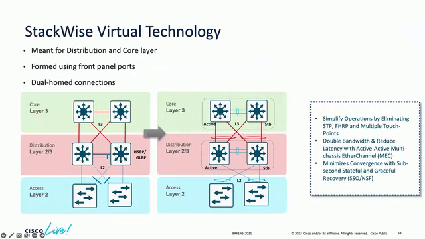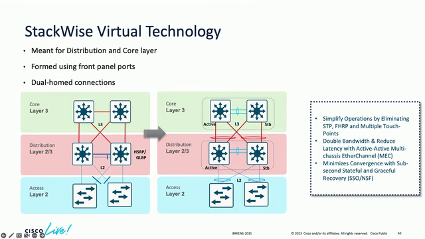Why? Because StackWise Virtual helps to solve a lot of issues that we talked about earlier. So it eliminates the problems with spanning tree, with a need of putting first hop redundancy protocols. We are using exactly the same IP address on both devices. It also gives benefits of, for example, leveraging multi-chassis EtherChannels.